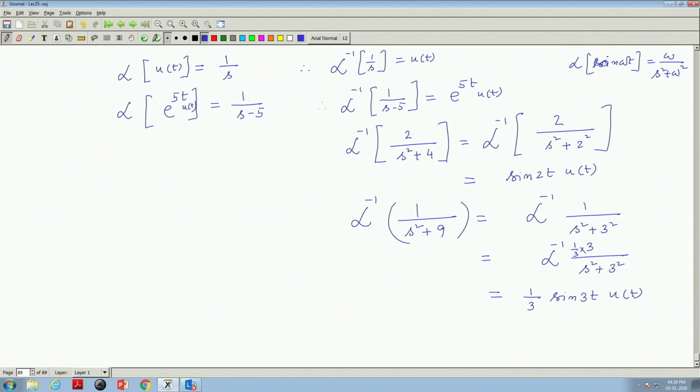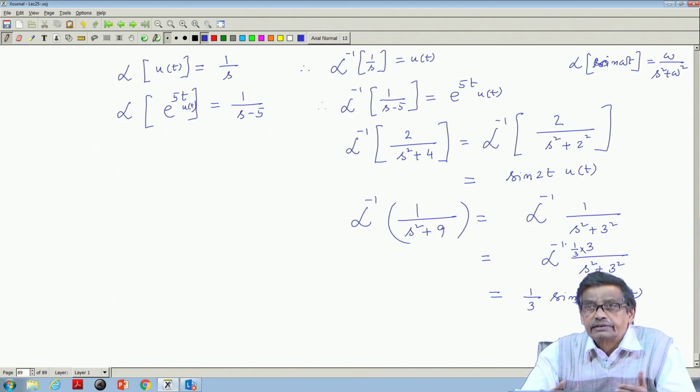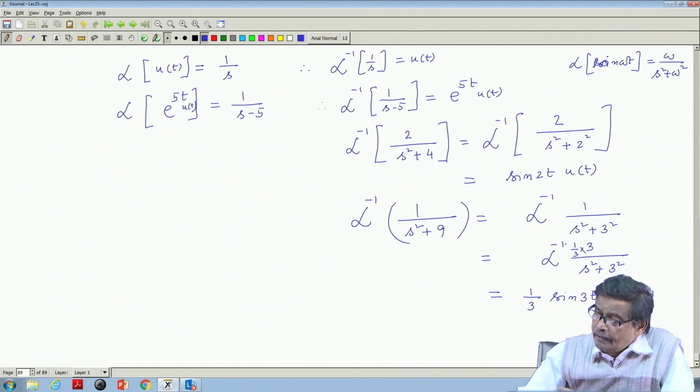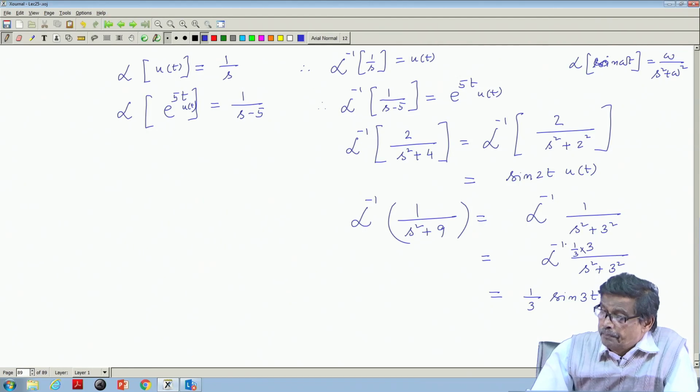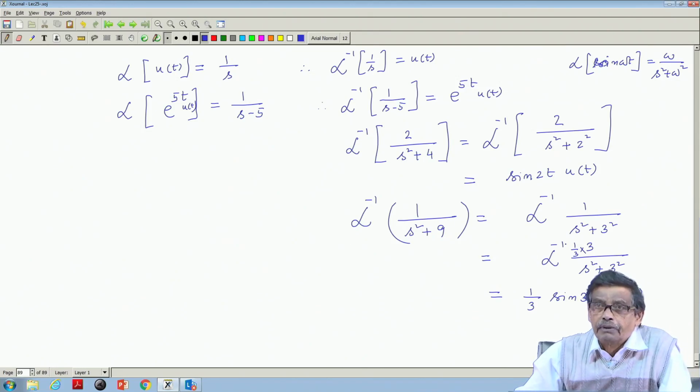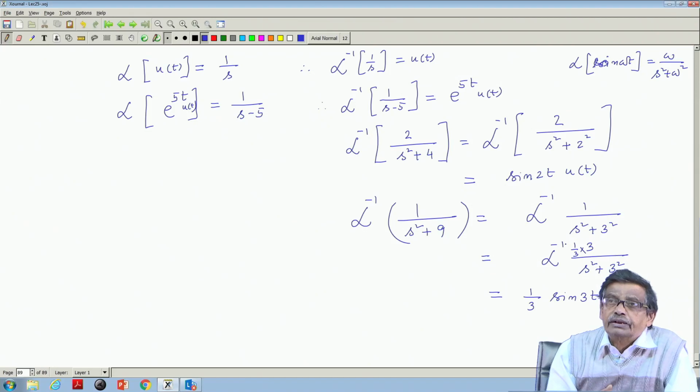Got the point. So, looking at this standard transform formula or looking at some Laplace transform table, I should cast my Laplace transform equation in such a fashion that its inverse can be readily understood by me, and that way we will be applying this formula to take the inverse.